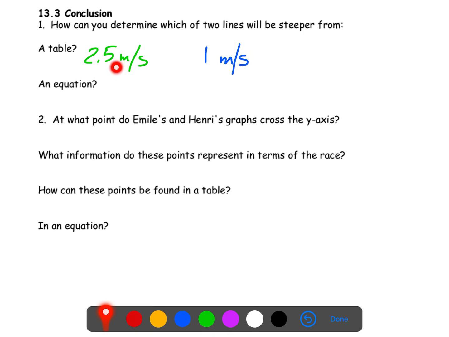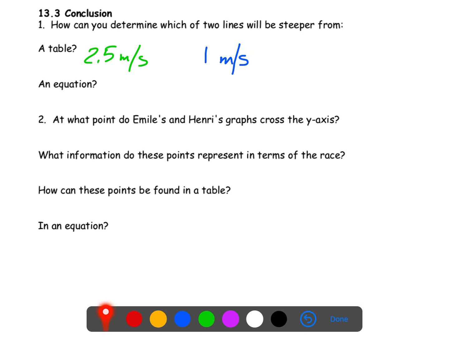We could also look at all the distances that we're calculating and see that the change between each of those rows in the table is greater. If we look at Emil's, every 5 seconds he was increasing 12.5 meters, whereas Henry was only increasing 5 meters every 5 seconds. There's a slower change between those amounts.